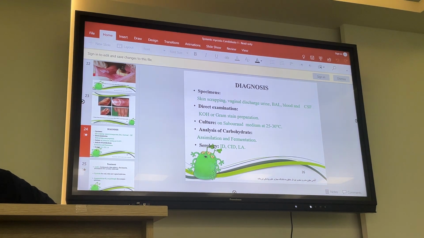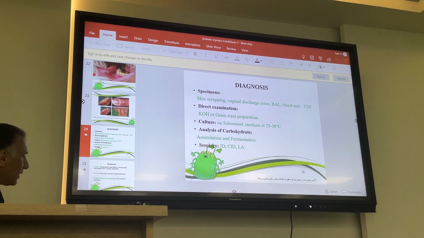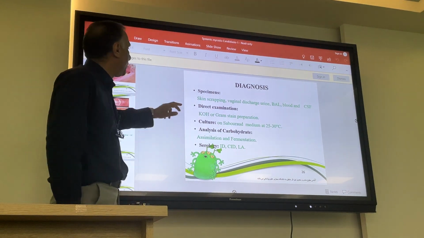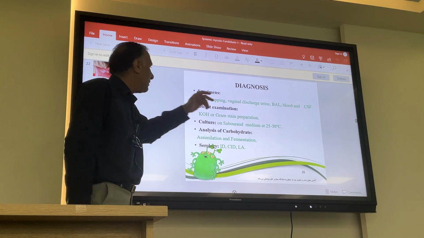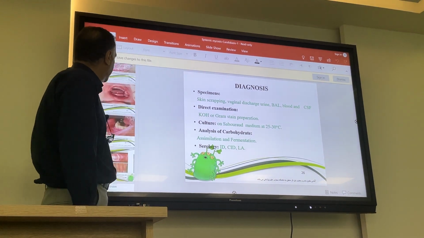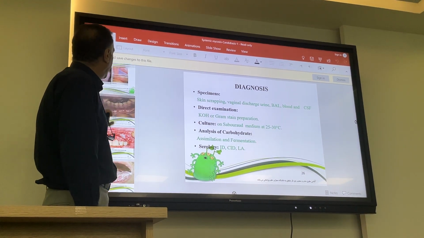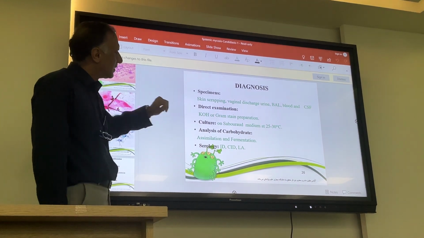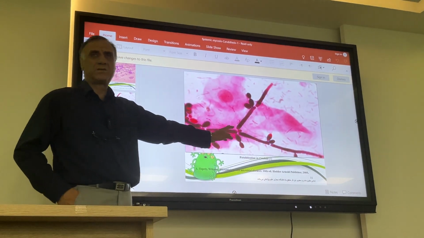In the laboratory, we must check the specimen with direct examination, KOH or Gram stain, for what? For finding the pseudohyphae and blastospores.